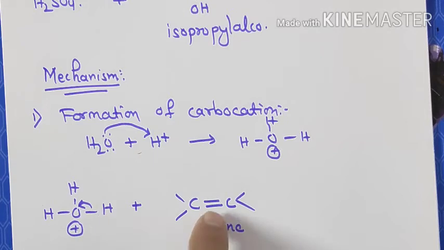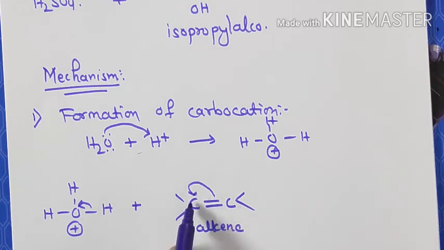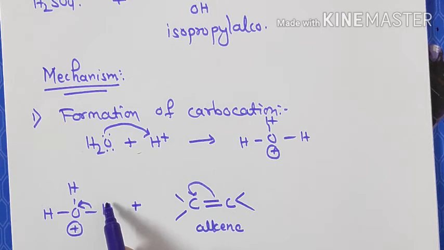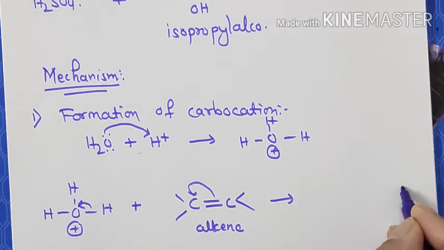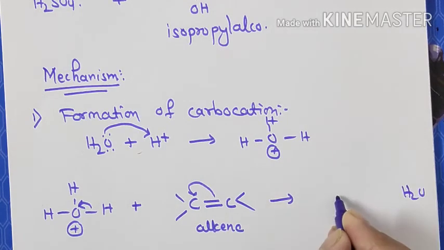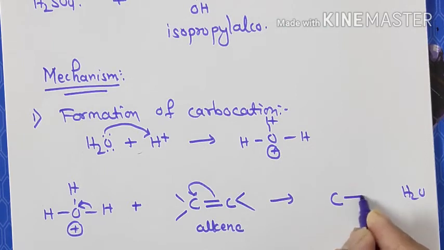This will become H plus, and this carbon, see, there is a pi bond and this is a sigma bond. The shifting of the pi bond electrons takes place to this carbon, and this carbon is going to take this H plus. It results again in the formation of water, H2O.